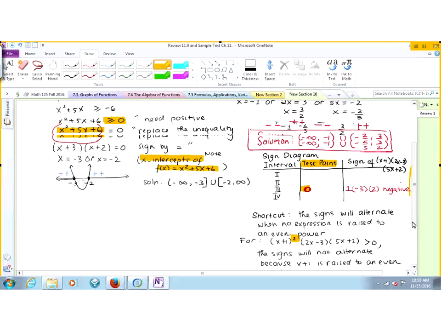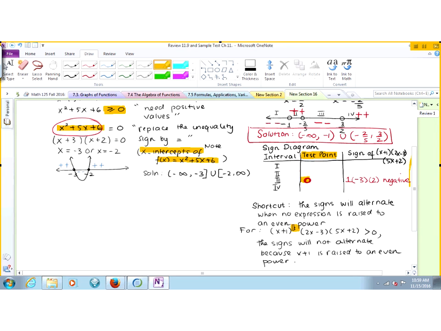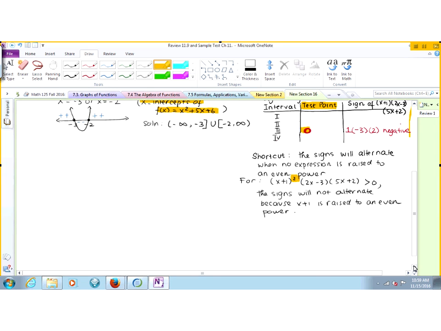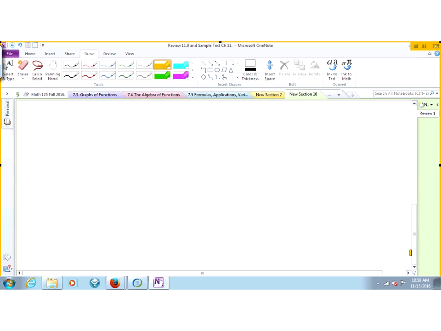So we're just lucky because we could use the shortcut, but it's not all the time. If I have these, then I can't use the shortcut.